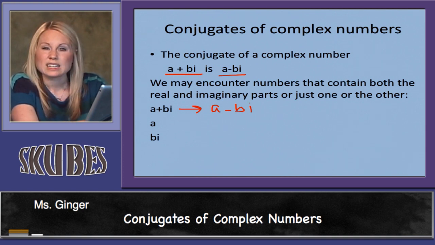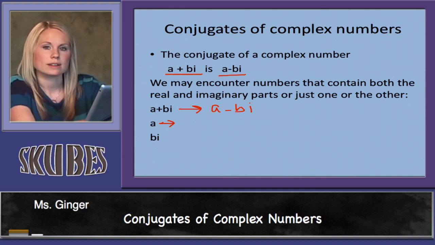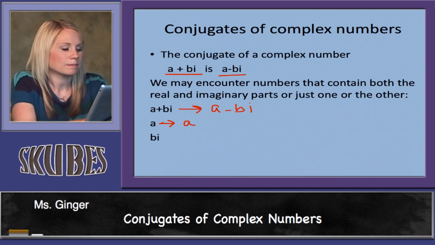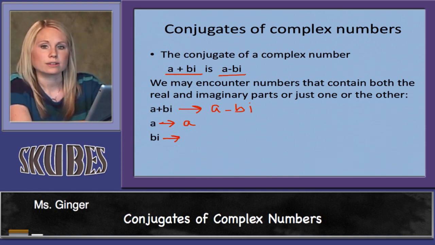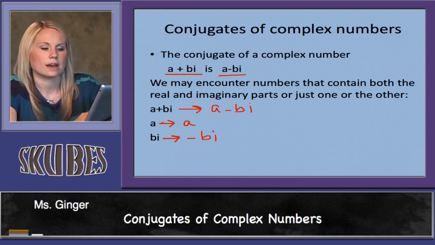If you just have a plain number, a is just representing any number here, there is no conjugate for that because this is not a complex number, it's just a real number. So it's just going to be itself again. And then if you come across just an imaginary part, such as a number with an i, we're going to take the opposite of that number, keep the i.